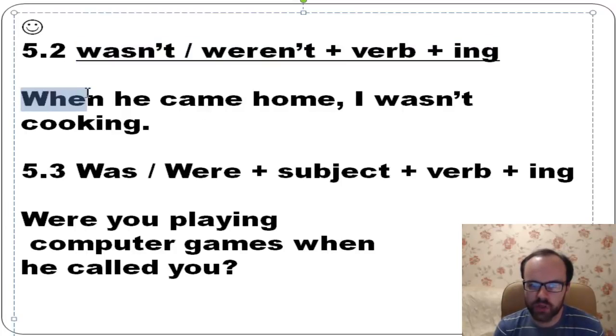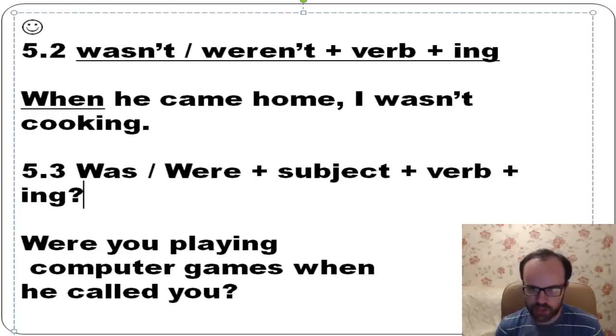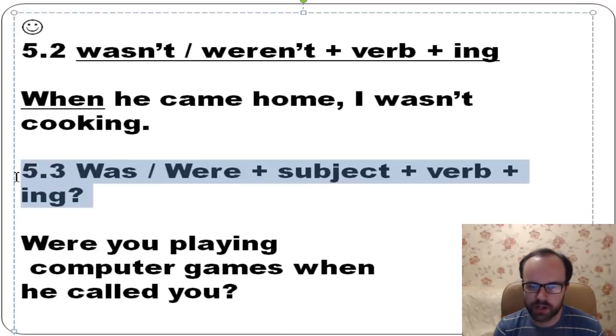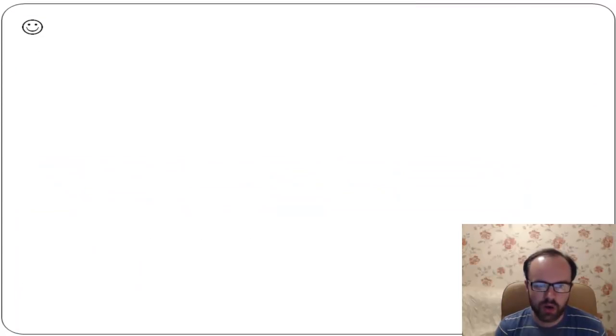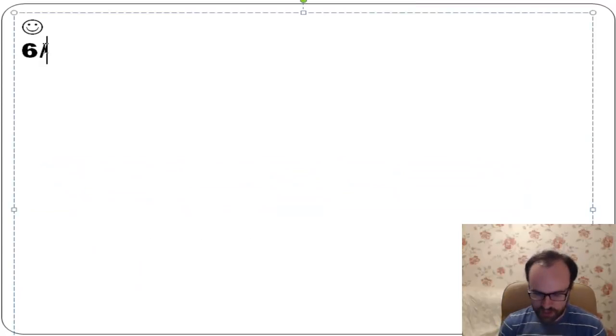Yeah, we often use past continuous with when. When he came home, I wasn't cooking. And if you want to ask a question, so was, were plus subject plus verb plus ing. Were you playing computer games when he called you? Good, really good. So what about the next tense?